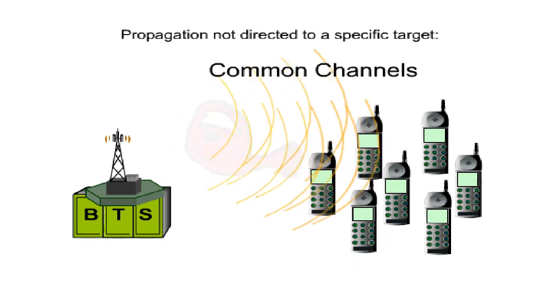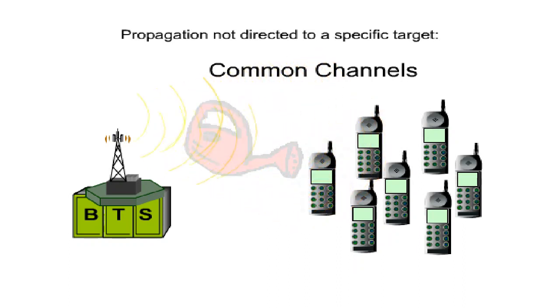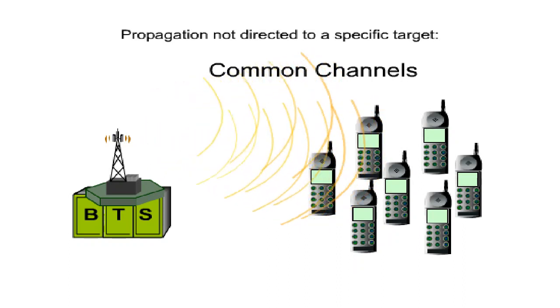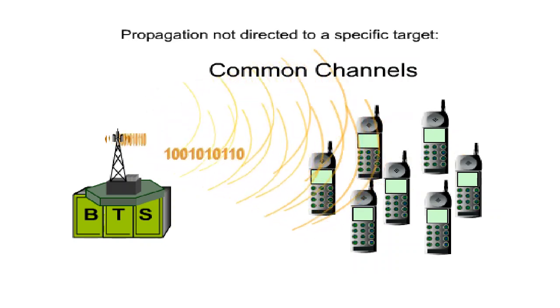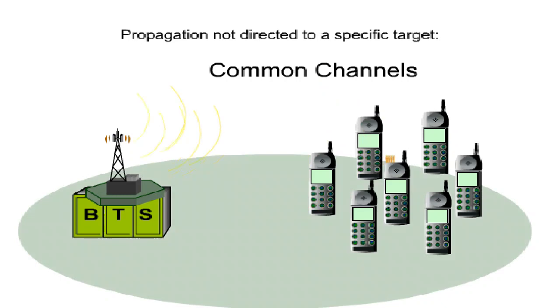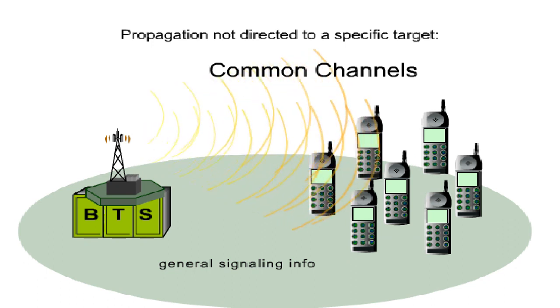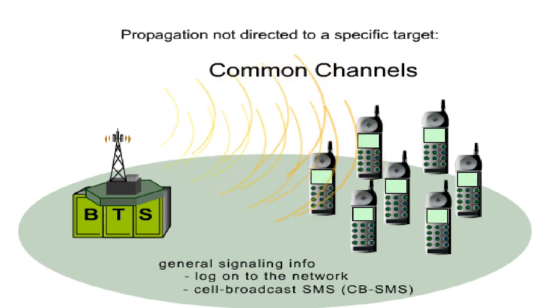These supply their data according to the principle of equal shares for all, and are not directed to a specific target. They're used to broadcast information area-wide to all the mobile stations within the service area of a BTS. This is general signaling information, for example, to log on to the network and cell broadcast SMS.